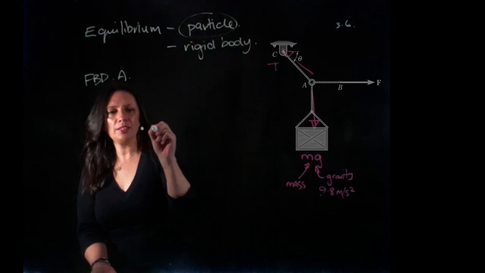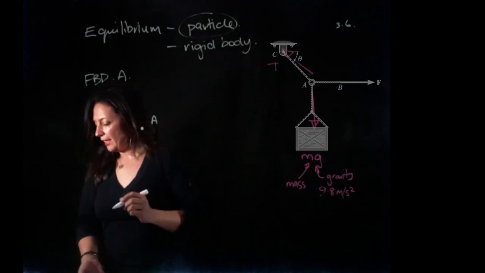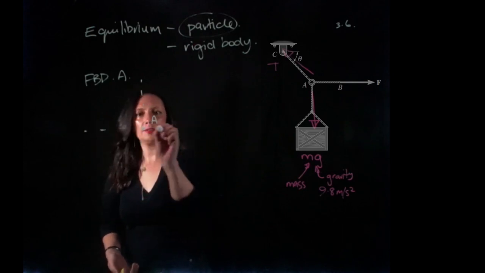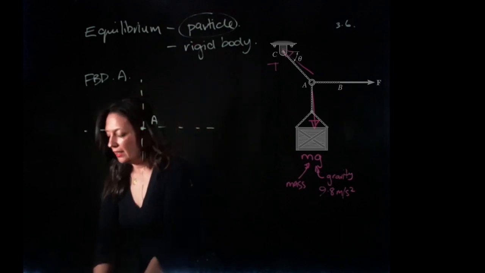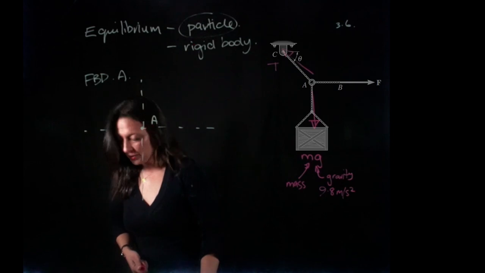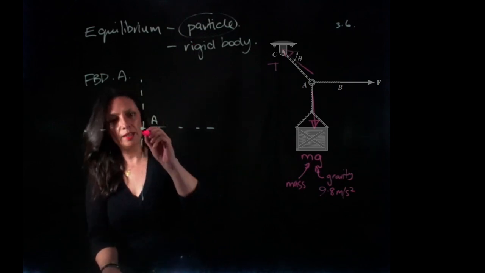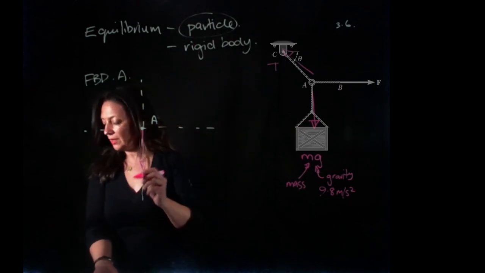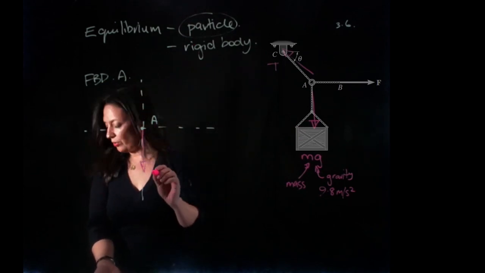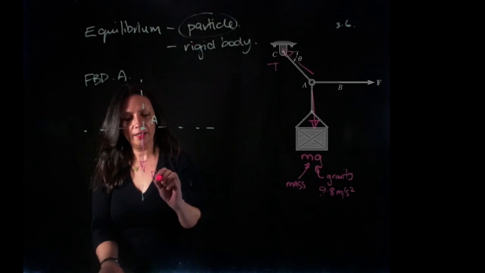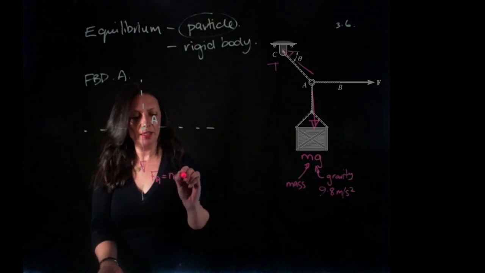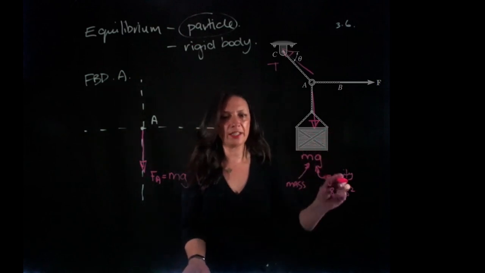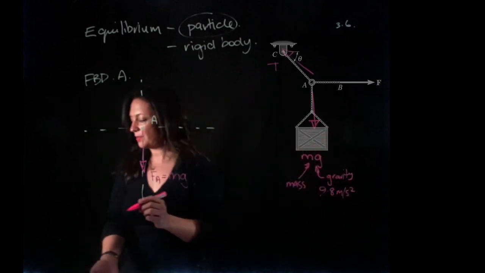Here is our point A, and we have drawn axes, and we have our force mg going down from the crate. So we can call that FA equals mg, the mass of the crate times our gravitational force.